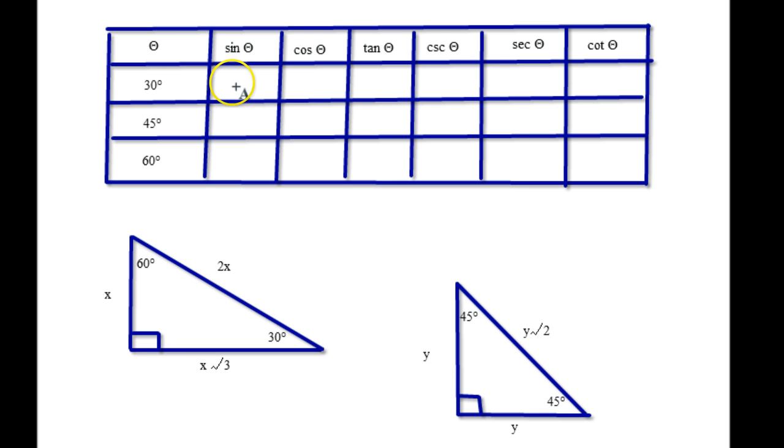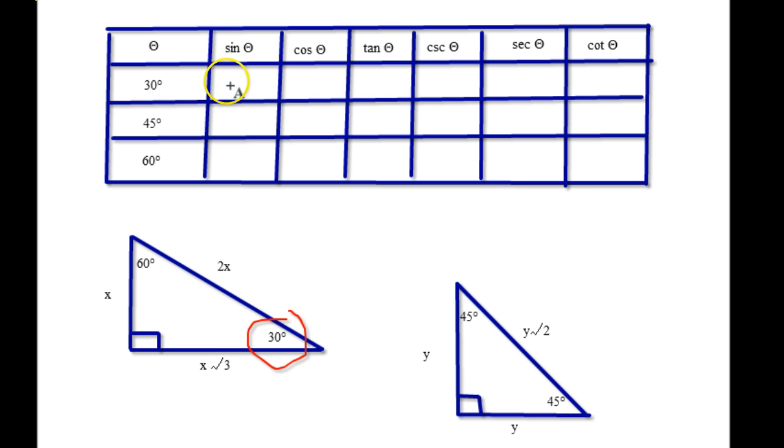So first off, we're going to look at sine, and then we're going to replace theta with these angle measurements, and then write the ratio side that we're dealing with. Okay, so sine of 30, we identify 30, so the key is you always identify the side you're working with. So we're looking at 30 here.